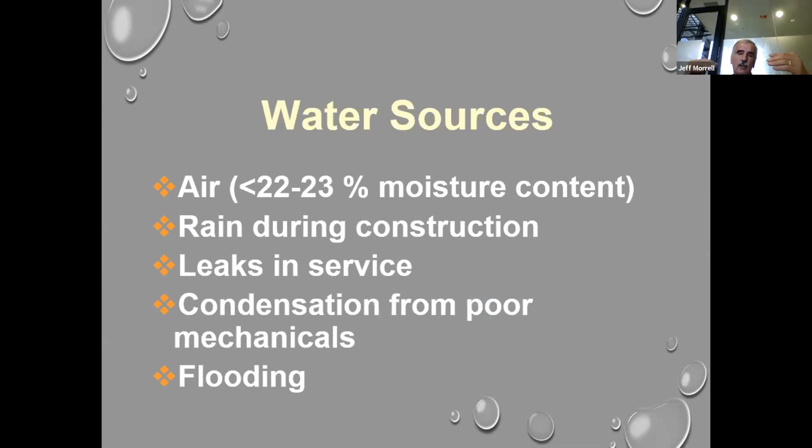And if you're in, say, Cairns, your moisture contents are likely to be slightly higher than they'll be if you're in, say, Alice Springs, because there's less moisture in the air. We also get rain during construction, which is really important to consider for avoiding moisture. Leaks in service, condensation from poor mechanicals, and flooding, which we'll talk about at the end, are all sources of moisture, most of which can be controlled or at least addressed afterwards.